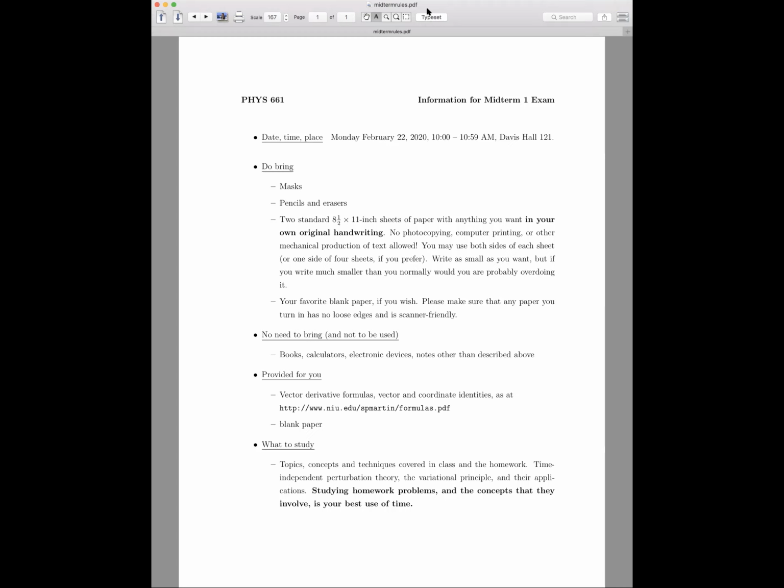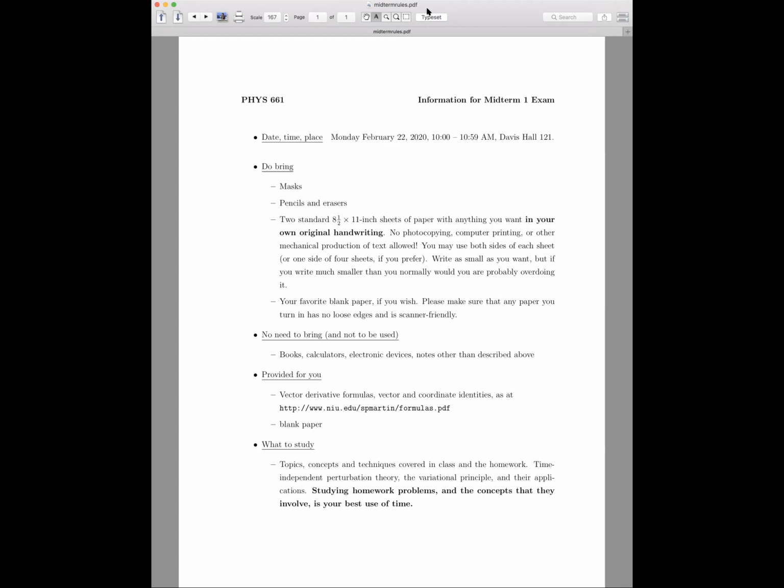When you're making your formula sheet, if you're wondering what should I put on my formula sheet, for a good first pass, you should go through each homework problem. Think of what formulas did I need for that homework problem that I don't have memorized. Those should be the first things that go on your formula sheet.